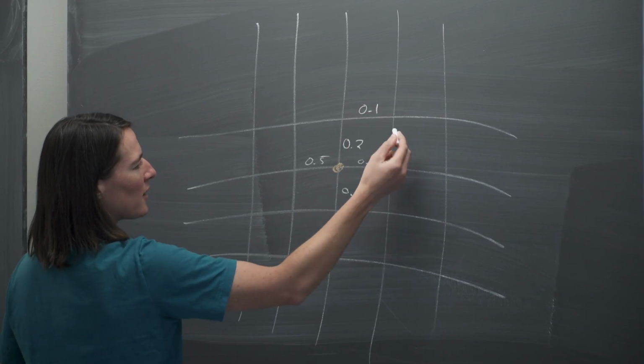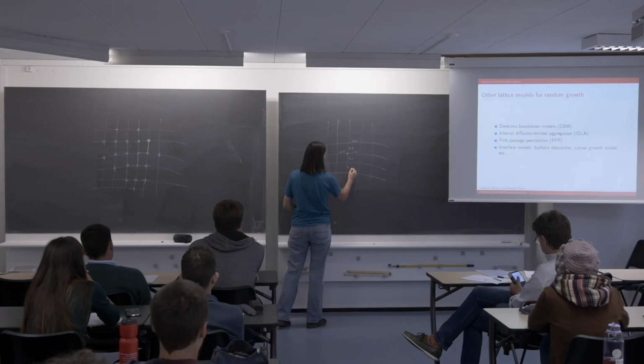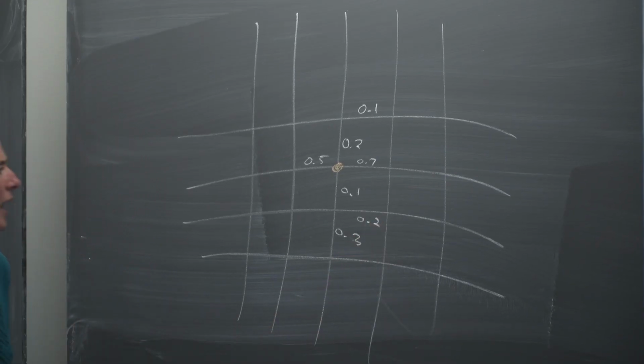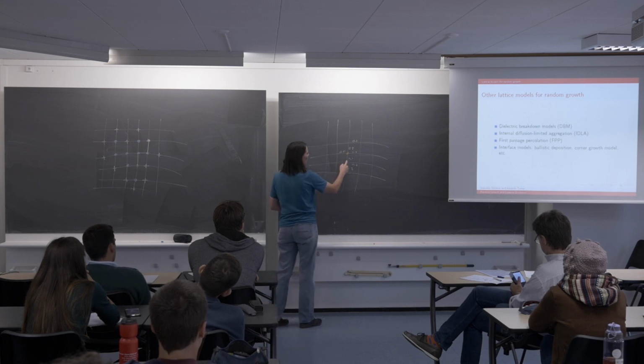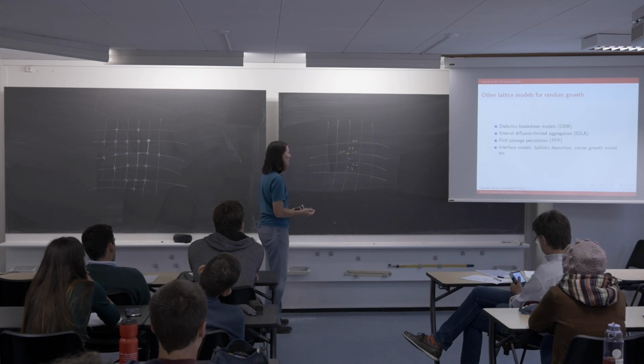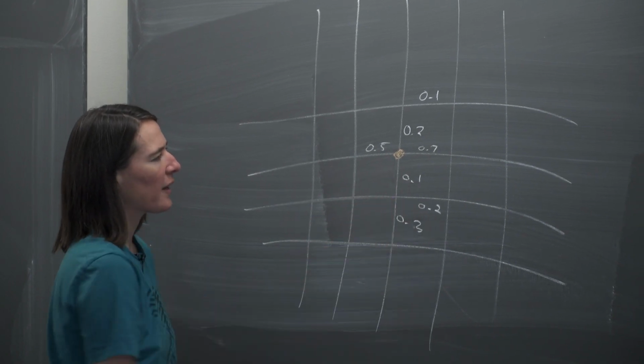Let's go 0.1. Just sort of put a few edges on. And what you do then is you grow your cluster by asking, how far can I travel in a certain amount of time? And the cost of travel, or the time it takes to travel, is given by this weight.